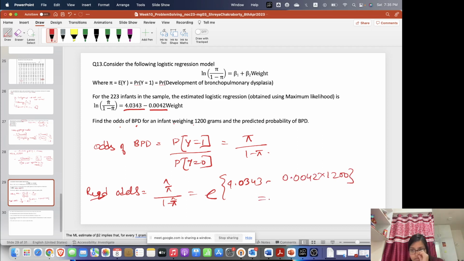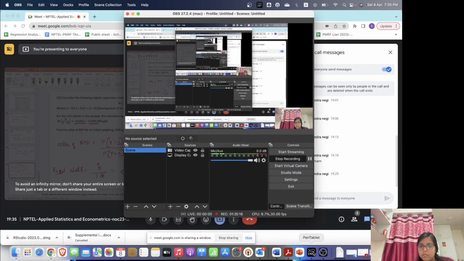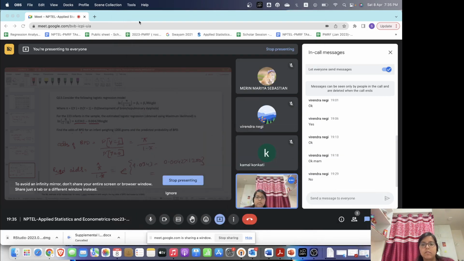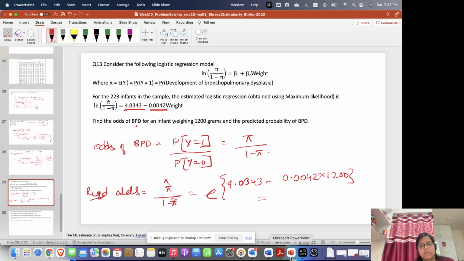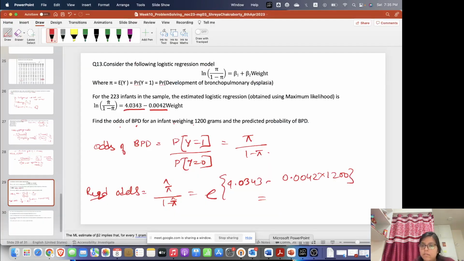How much do we get this as? e to the power minus 1.0057.